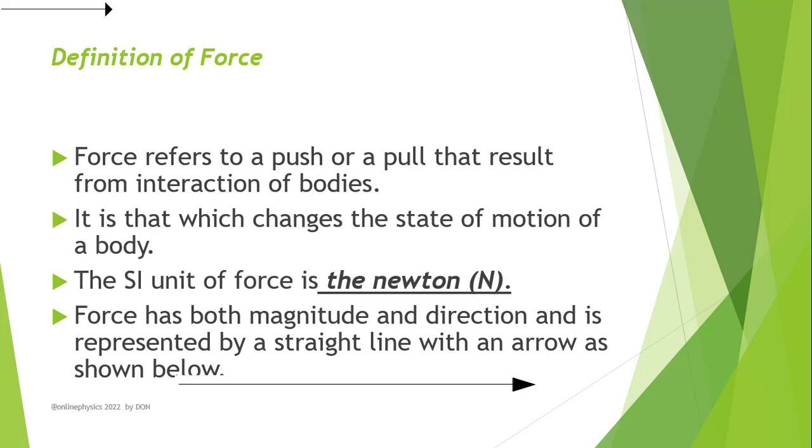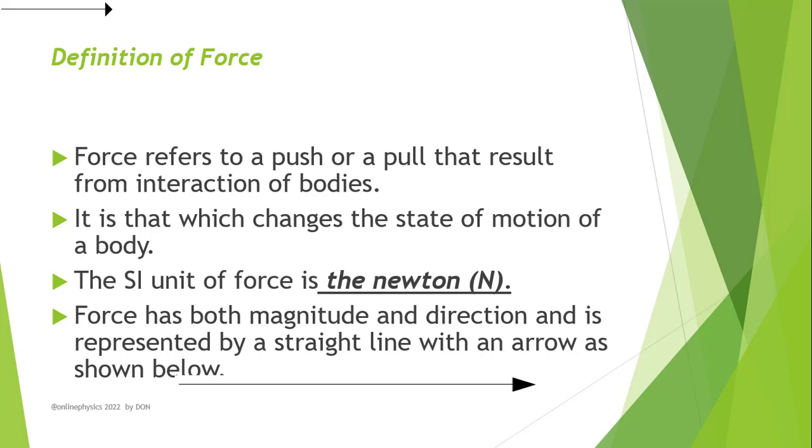Force refers to a push or a pull that results from interaction of bodies. It is that which changes the state of motion of a body. As you saw earlier, there was a push, there was a pull. The body did not remain in its original state. It had to move. There was motion of a body.